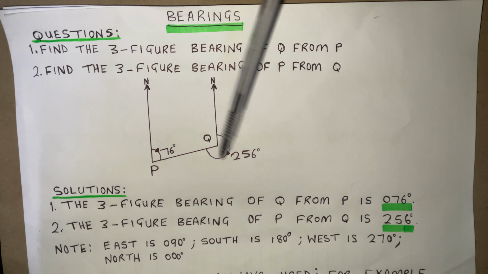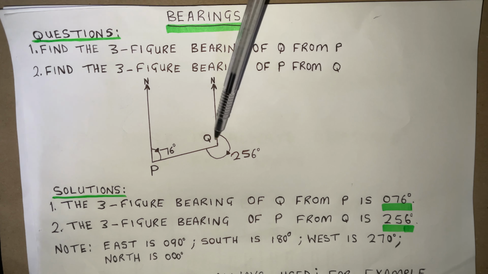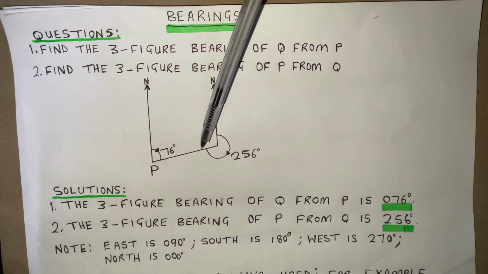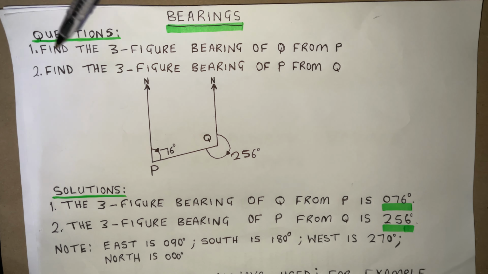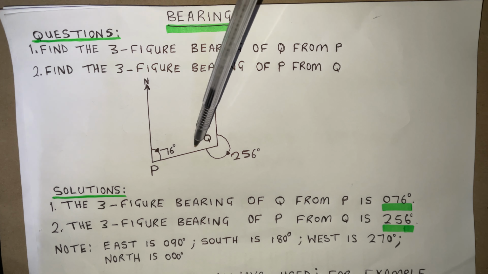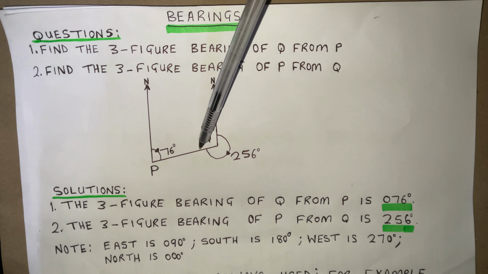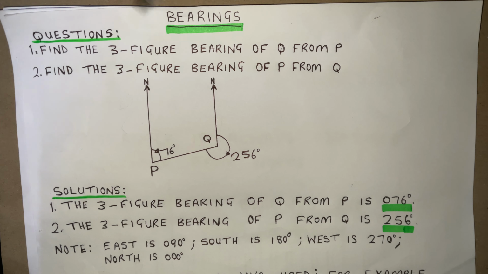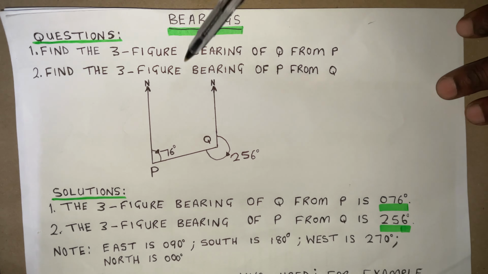So if you get this angle, you say 360 minus this angle and you get your 256. If you measure with the protractor, this angle here is 104 degrees.